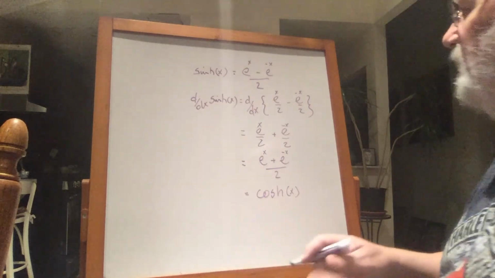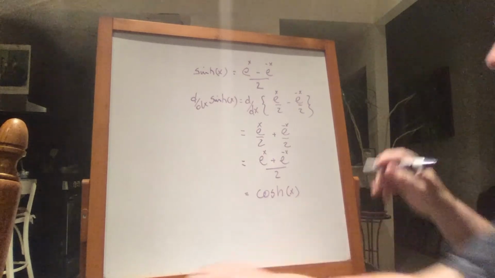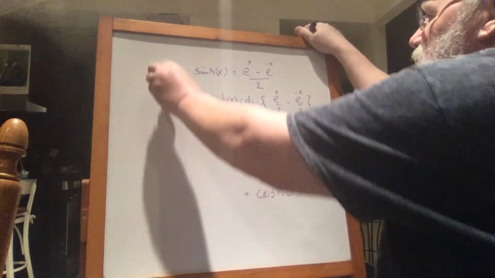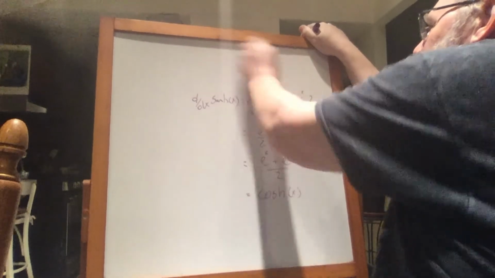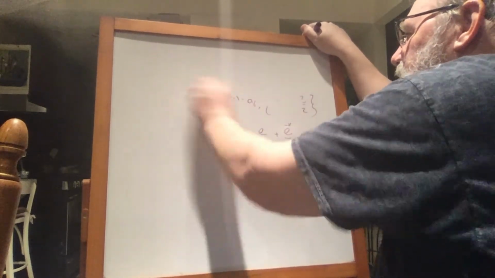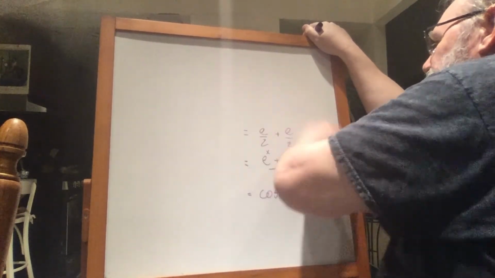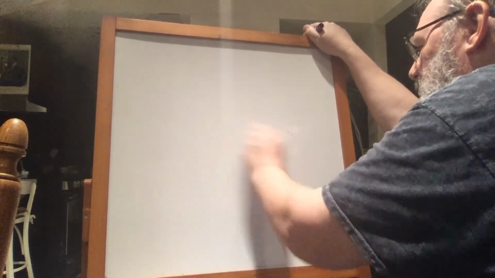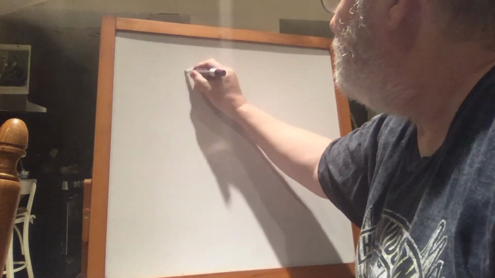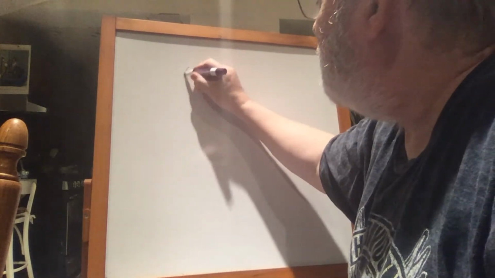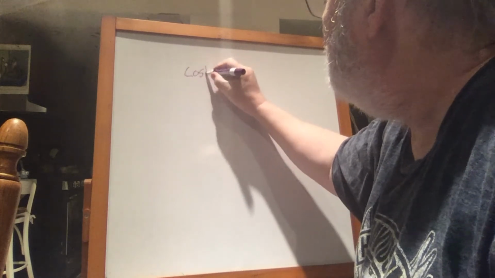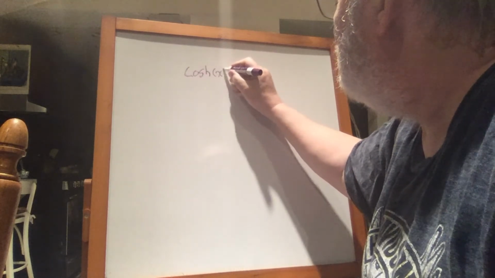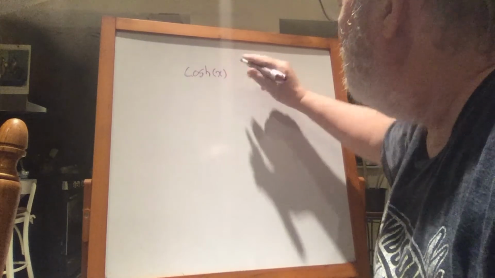And if we work out the hyperbolic cosine derivative, we will get similarly the hyperbolic sine of x.